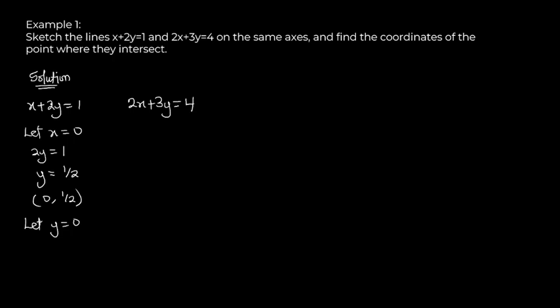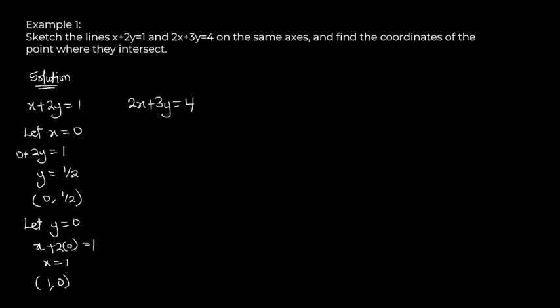Now if y is equal to 0, then the equation becomes x plus 2 times 0 is equal to 1, so x is equal to 1. So our coordinate will be (1, 0). So these are the 2 points we are going to plot for this equation.